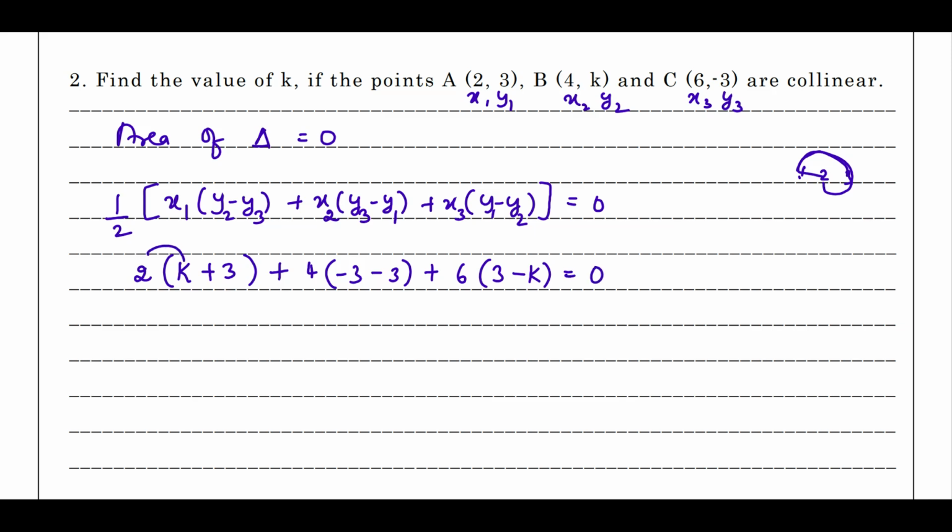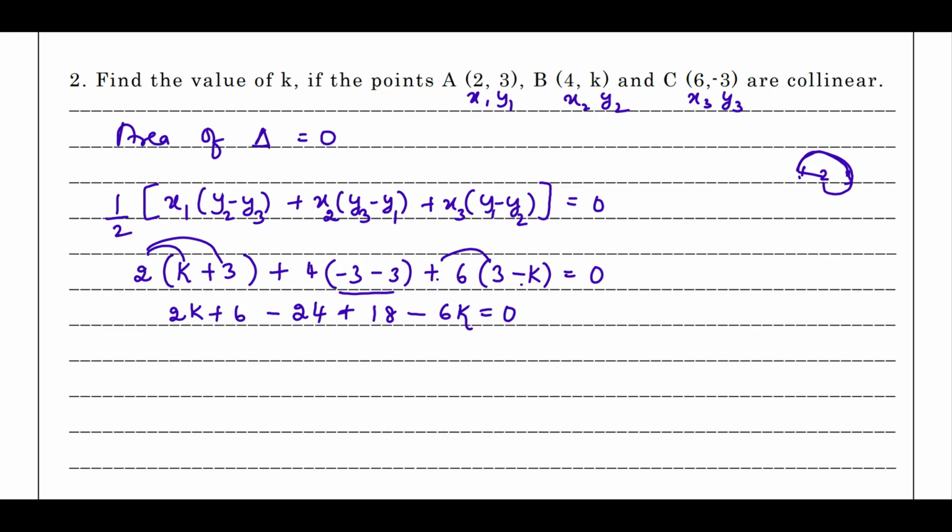Now 2 into k, 2k, and 2 into 3 is 6. Minus 3 is minus 6. Minus 6 into plus 4, what do we get? Minus 24. Now 6 into 3, 18. Plus into minus, minus 6 into k, minus 6k equals 0.